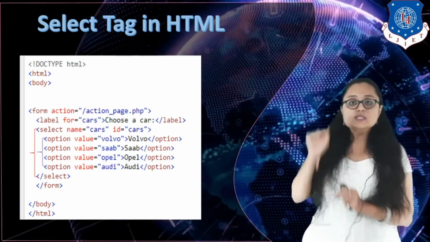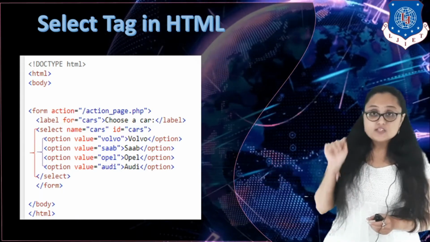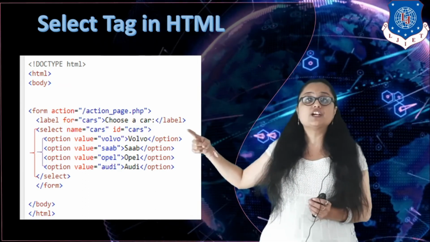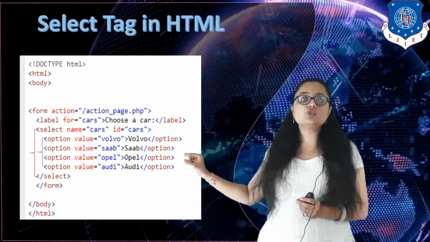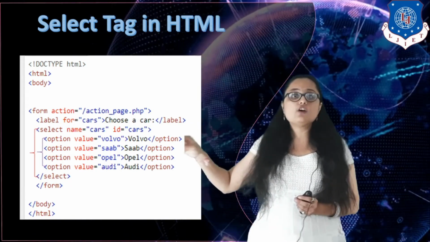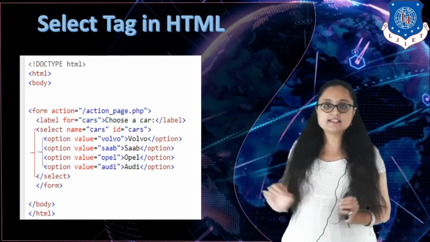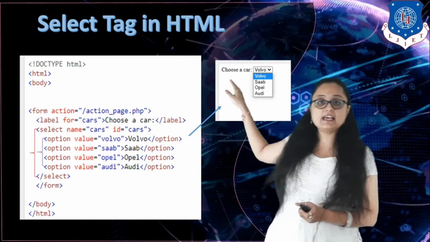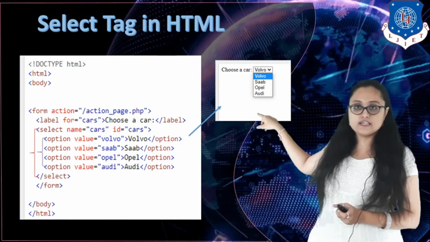But when you select any particular value from the drop down and you click on submit, the data that is submitted is not the data that you have written between the start tag and end tag. That is actually the value of the value attribute in your option tag. So for example, here you can see that I have this drop down menu wherein Volvo, Saab, Opel and Audi are written.